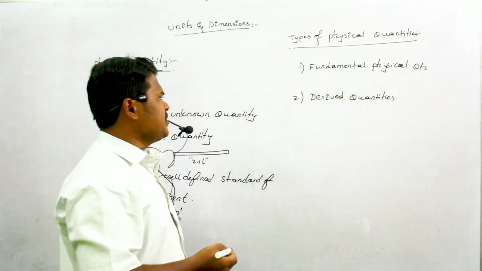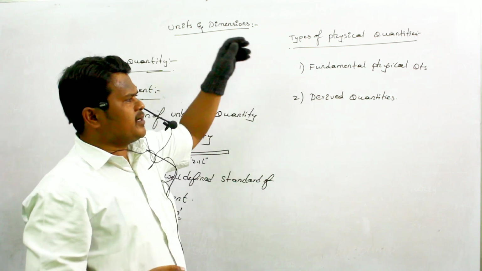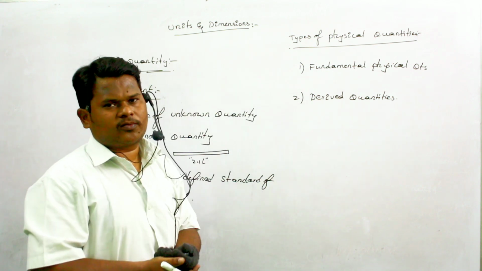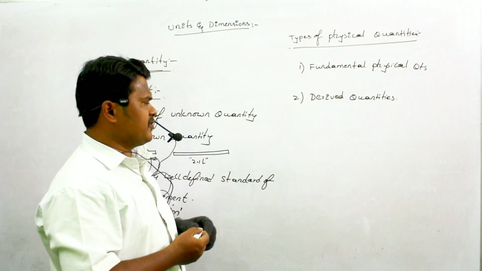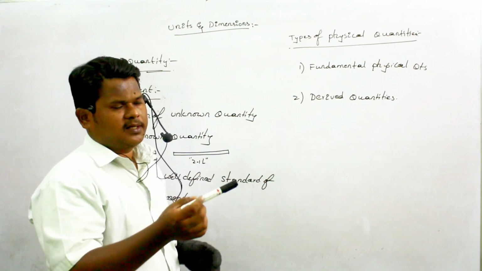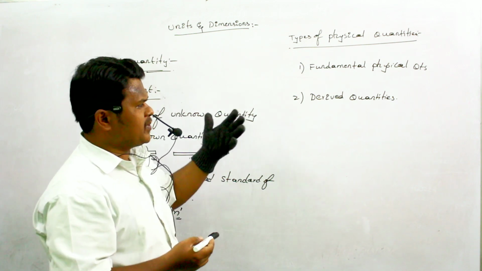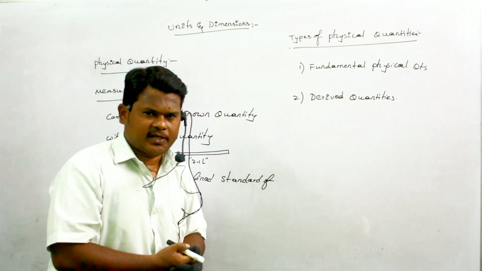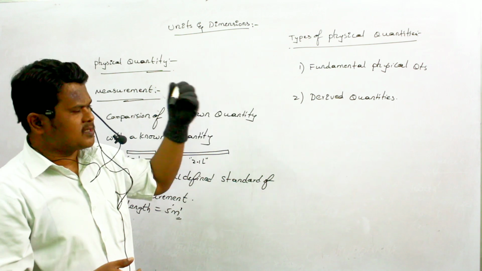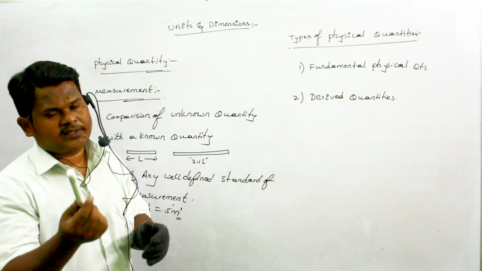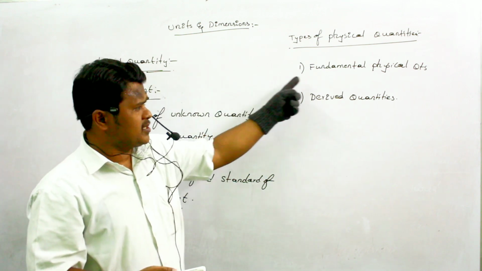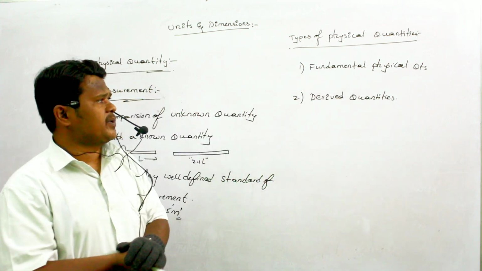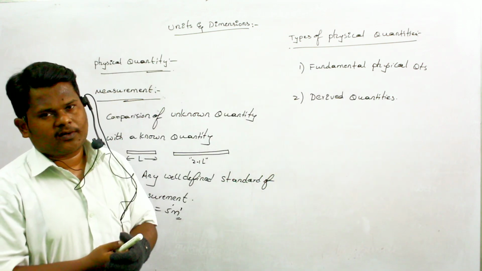Fundamental quantities are quantities that do not depend on any other quantity. For example, if I want to measure the length of this pen, the length doesn't depend on other physical quantities of this pen. It doesn't depend on the mass or the density of this pen. Such physical quantities we call fundamental physical quantities.